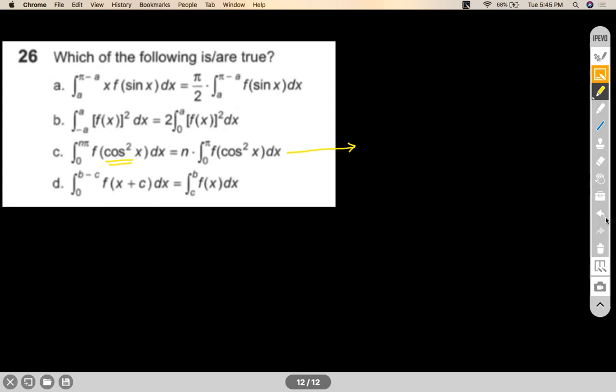I'll leave it up to you to make the assessment. Let's see how many of you are able to crack it. Which of the following multiple options may be correct? So this is not a single option correct, multiple options may be correct.